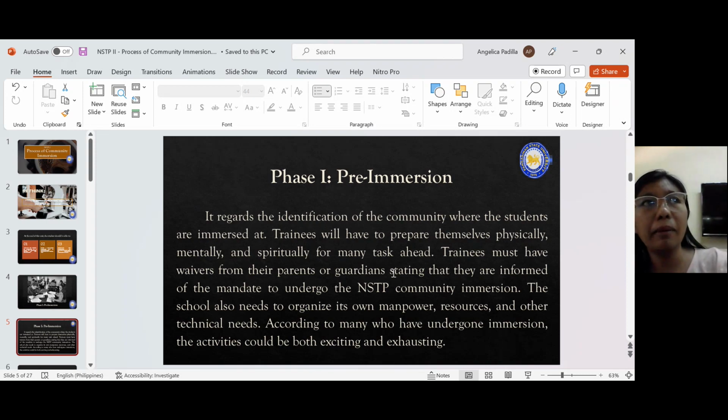Physically well, ibig sabihin, dapat hindi ka nilalagnat pag nandoon tayo kasi baka makahawa ka pa, especially if our target beneficiaries are old or are young, di ba? Yung mga bata o kaya yung mga matatanda. So, prone sila na mahawaan. So, dapat wala kang lagnat, wala kang sipon, wala kang ubo. So, in preparation, have a very good and enough sleep perhaps.